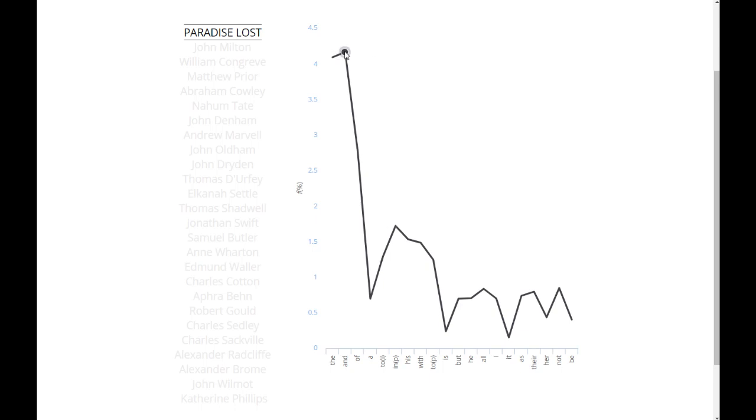That's why the first one has not the highest frequency in Paradise Lost. So these are the values of B and of A2 in his and so on. These are the frequencies of these words found in another Milton work, and these are the values found in Aphrodite, another poet's work.